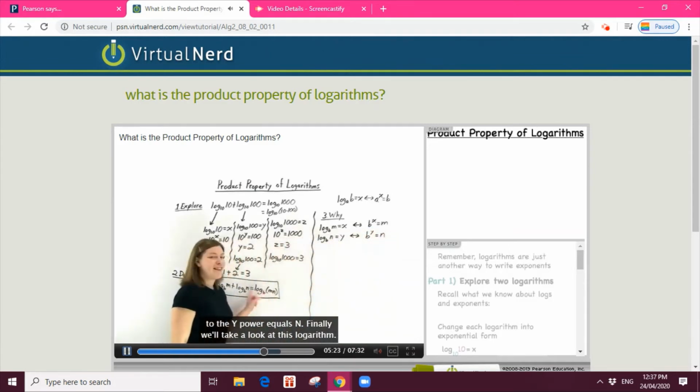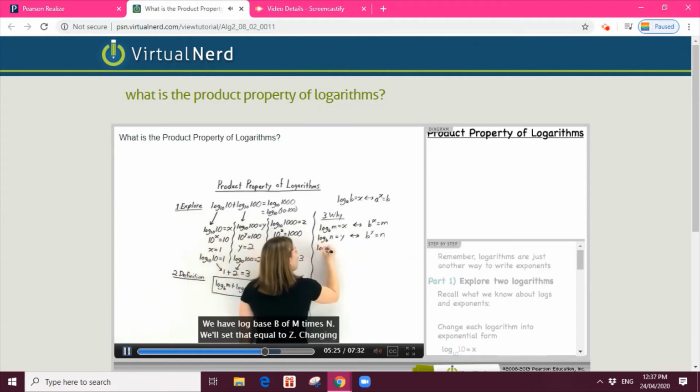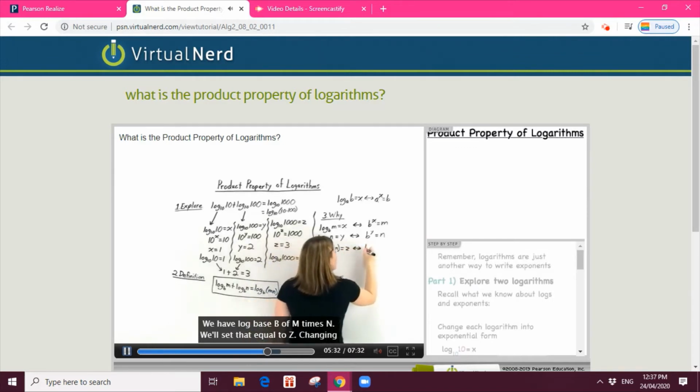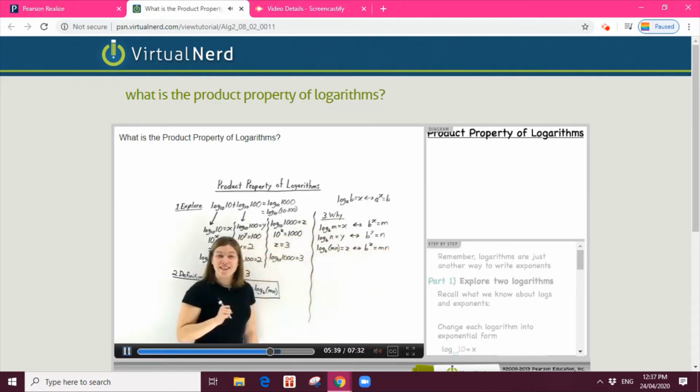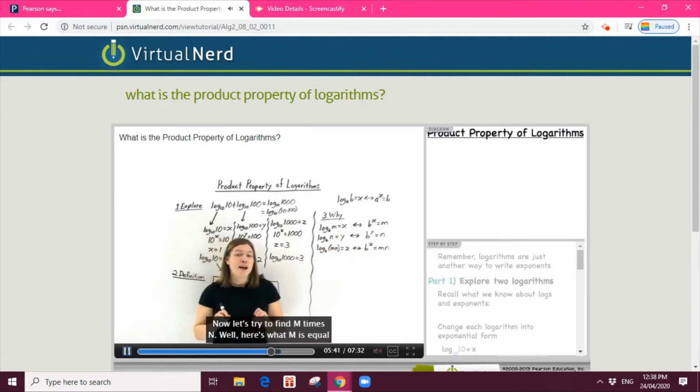Finally, we'll take a look at this logarithm. We have log base b of m times n. We'll set that equal to z. Changing that into exponential form, we get b to the z power equals m times n. Great. Now, let's try to find m times n.